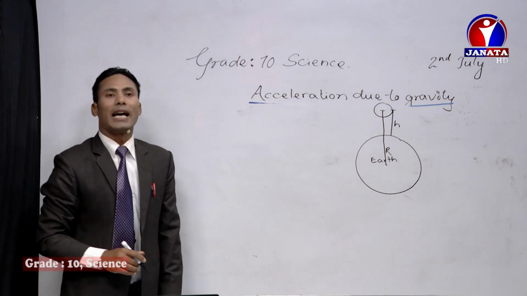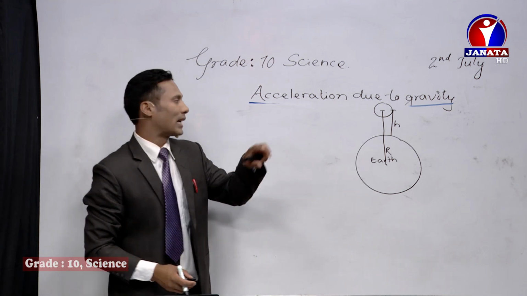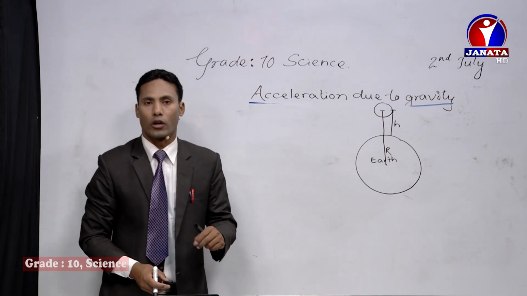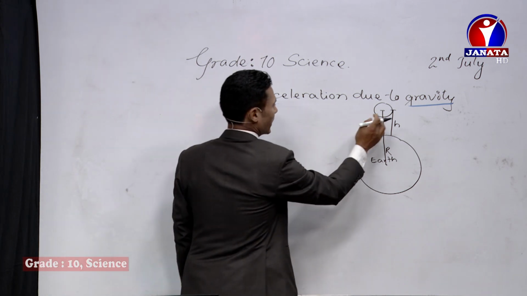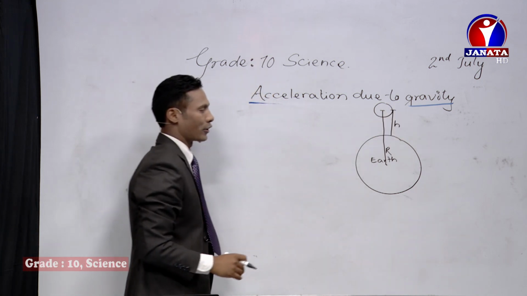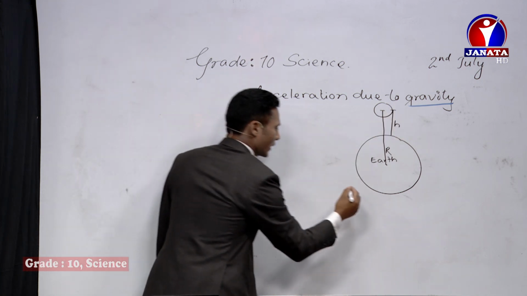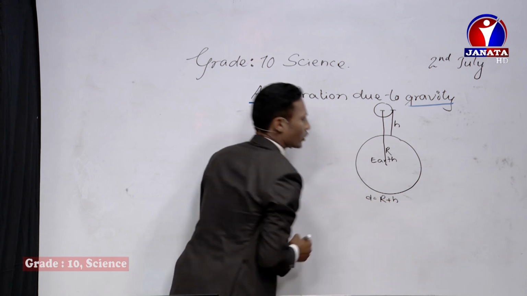Now what is the acceleration due to gravity when the object is at a certain height from the surface of earth? Let's calculate the formula for this. This is the object at a certain height h from the surface of earth. Here the distance between them d equals r plus h.